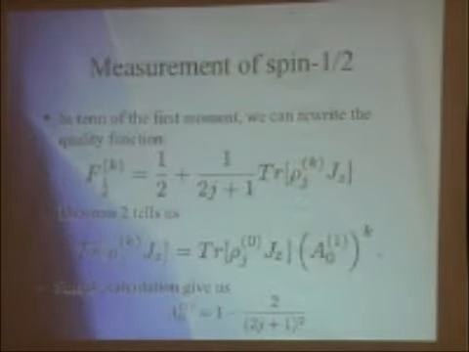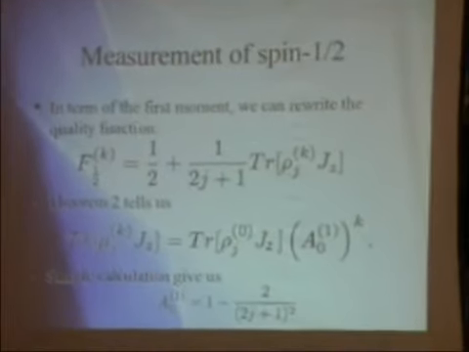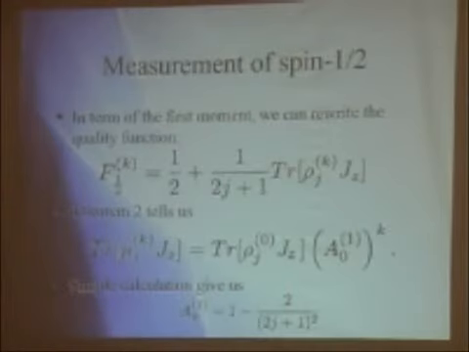It turned out that this probability of guessing is just a function of the first moment. And the first moment, if you follow theorem 2, at step k only depends on the first moment of the quantum reference frame at step k minus 1, times a constant.